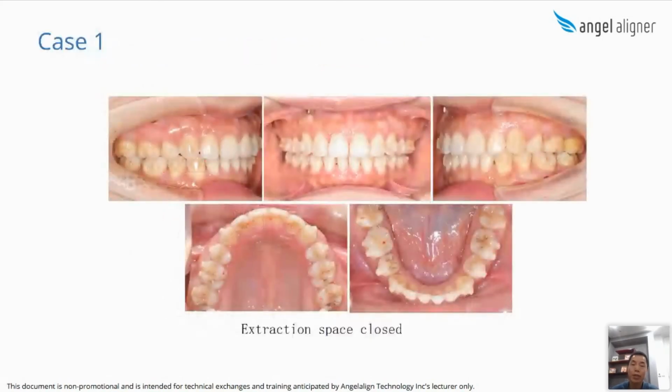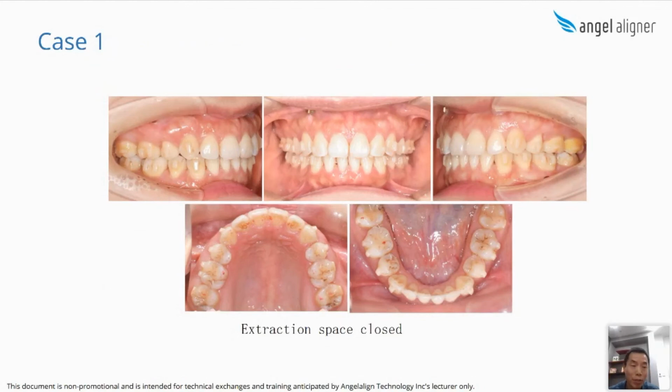This is a premolar extraction case at the refinement stage. You can see the extraction space has closed and teeth alignment is good, but there is mild premature contact at anterior teeth and the bite of some posterior teeth is not tight, as detected by the occlusal paper.